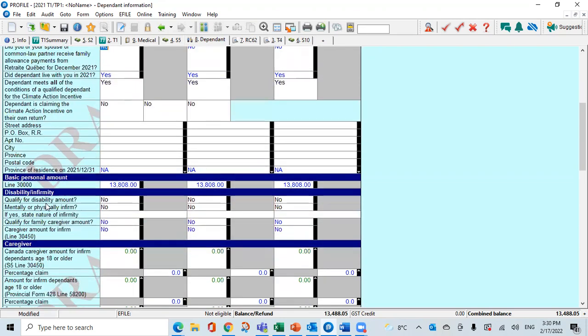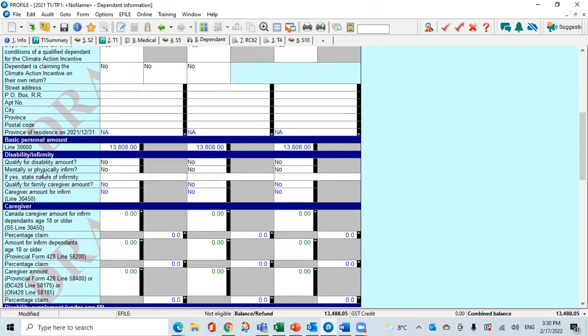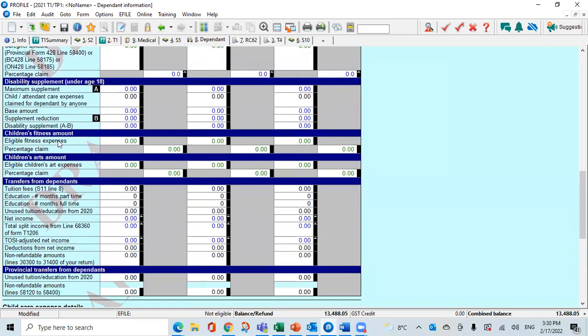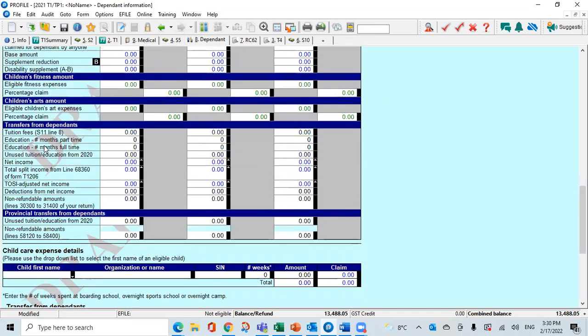Or the one we talked about, the disability credit, if it's qualified to transfer to the parent, and then the caregiver amount, and then their children's fitness amount, art amount, or tuition amount. That's it. So those are the only things you need to consider for the dependent.